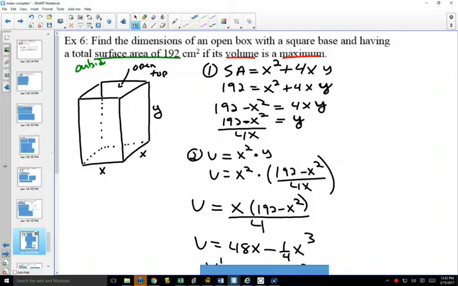I notice that I have an x on the top and an x on the bottom. So from this step to this step, all I did was simplify one of those x's.